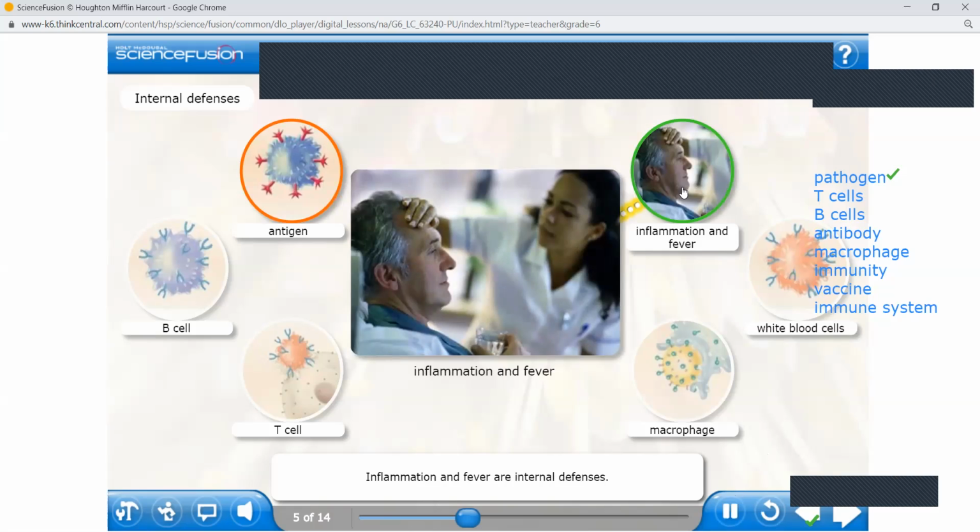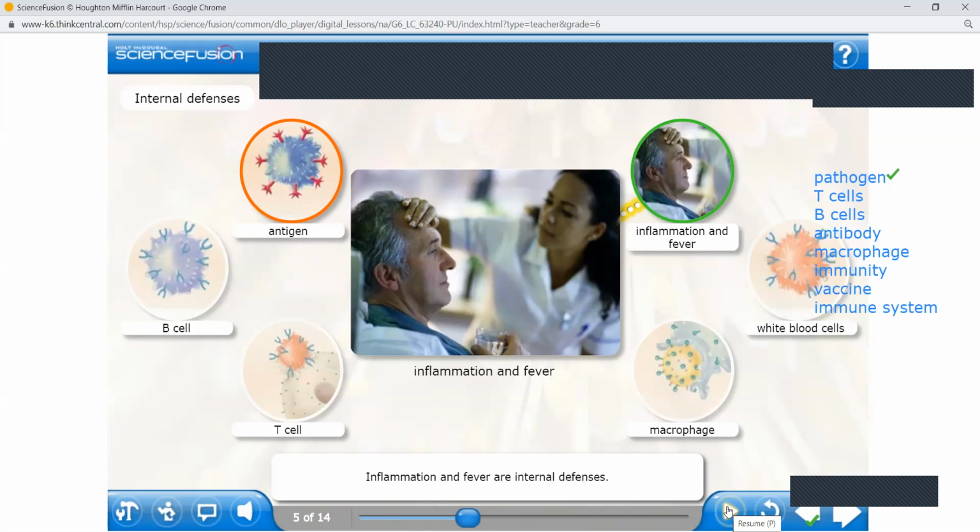Inflammation and fever are internal defenses. Do you know the meaning of inflammation? No? Okay. Imagine your brother or your sister came and just pinched you, and it becomes red in color. Why? That part of muscle or that skin got inflamed.